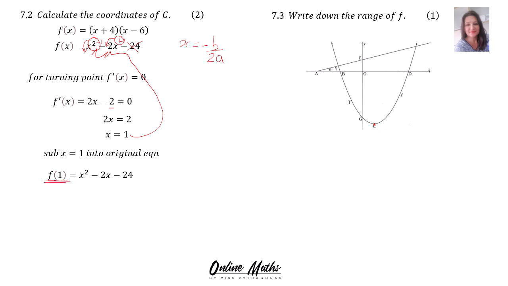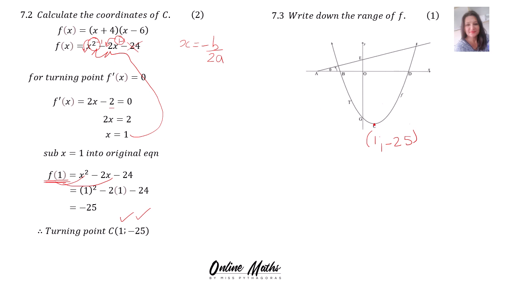You write f of 1, and then everywhere where you find x, you're going to put the 1, and you substitute and you simplify, and you have to write your answer in coordinate form because they were asking for it. And then where's the marks? The marks are the x of the turning point, the y of the turning point. I'm going to write it there for you. It's (1; -25). That's your turning point.